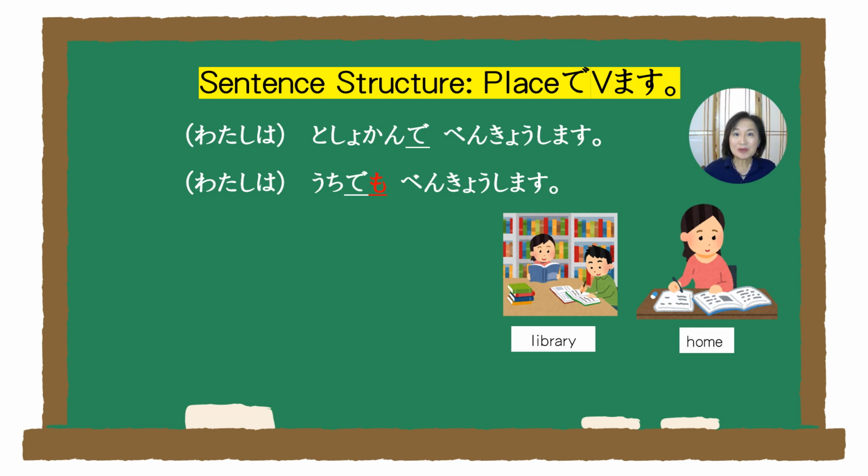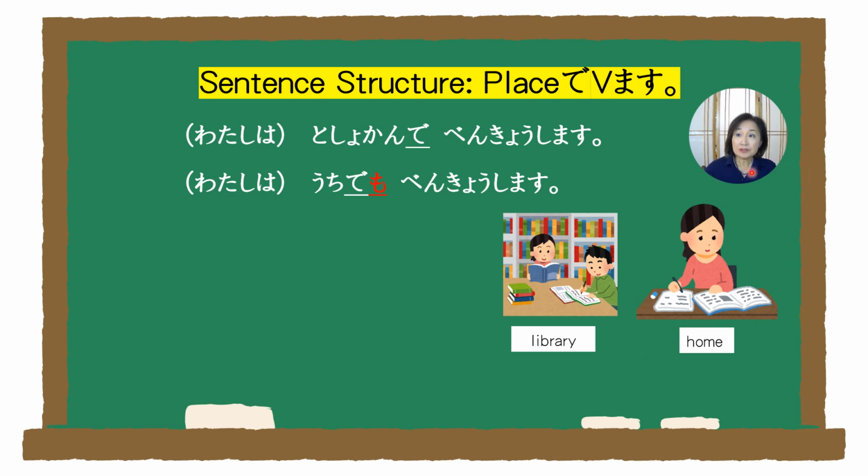Let's begin with the particle で, which is a place of action particle. This example shows how to express that one person does the same activity in two different places, like at the library and at home.